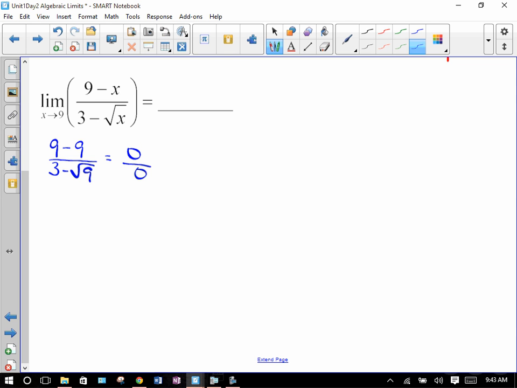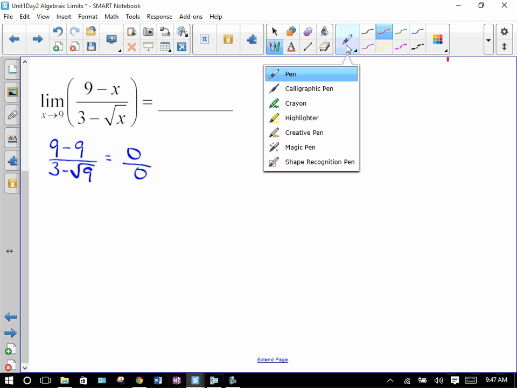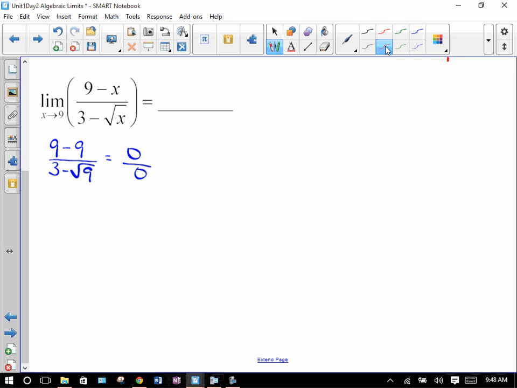Alright, so let's just look at this one. What we're going to do here is take this and we're going to have 9 minus x over 3 minus the square root of x.